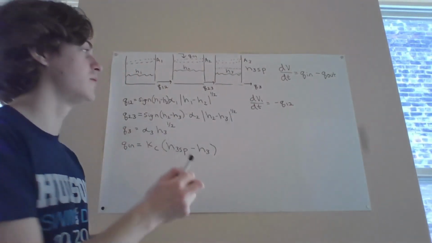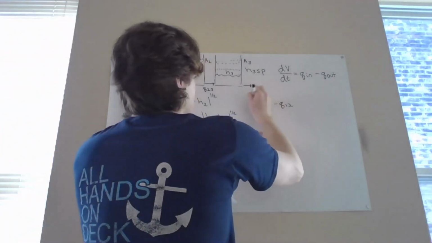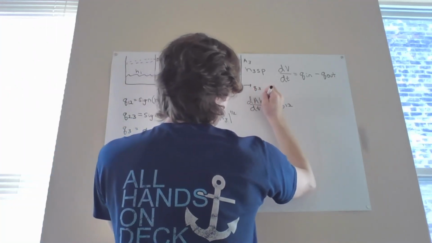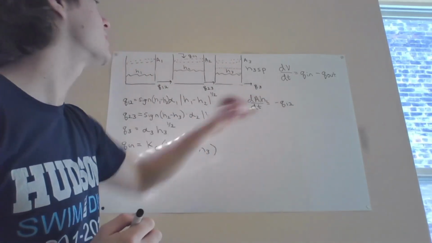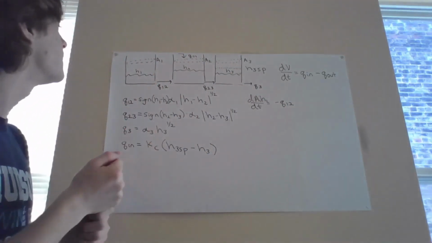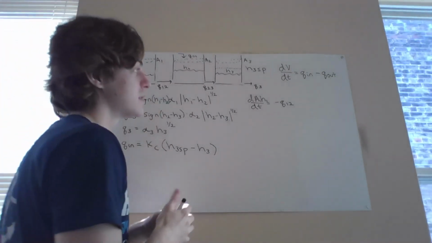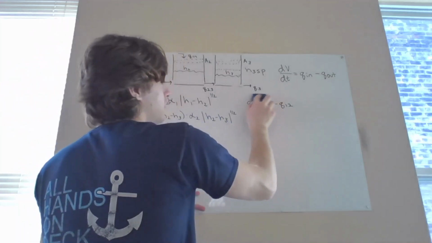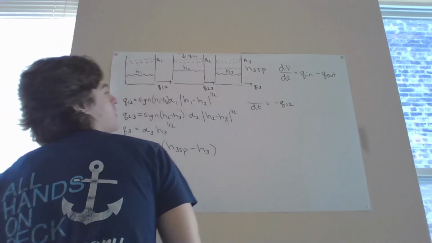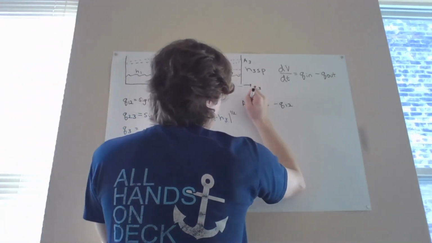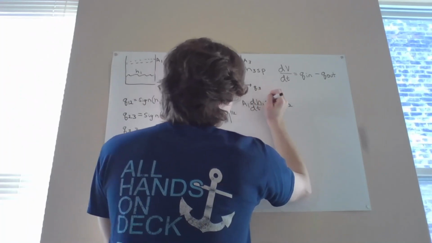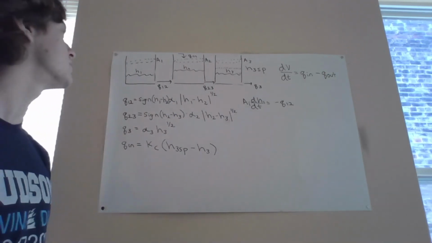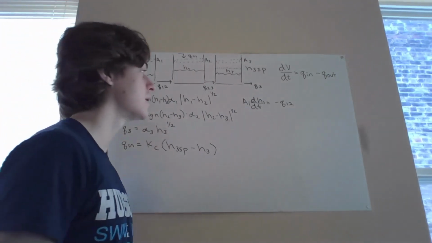So I can rewrite the change in volume as the cross-sectional area times the change in height, because the area times height will give us the volume of the tank, and since the cross-sectional area is constant, we'll be able to pull area out of our derivative. So our equation will be the area of the first tank times the change in height will be equal to the negative flow rate between 1 and 2, which is the flow rate out of this tank.